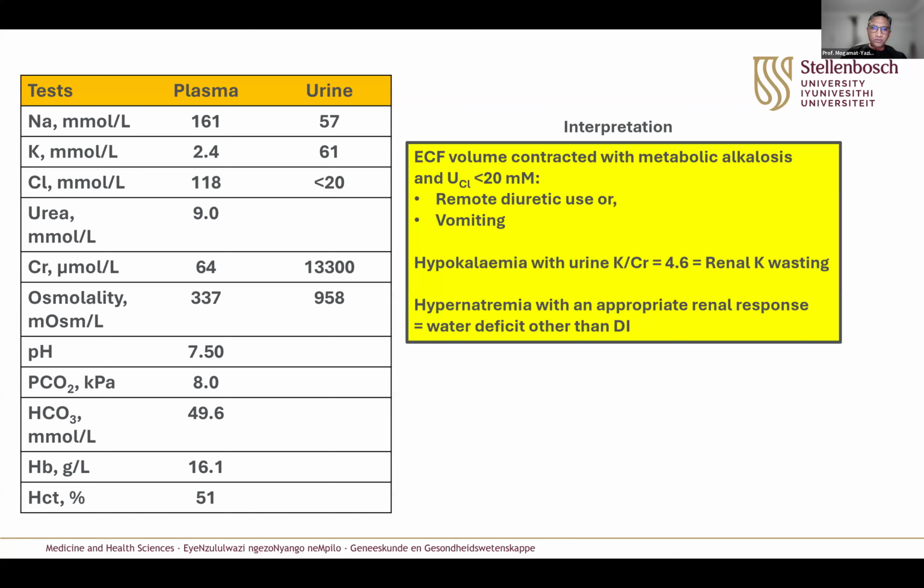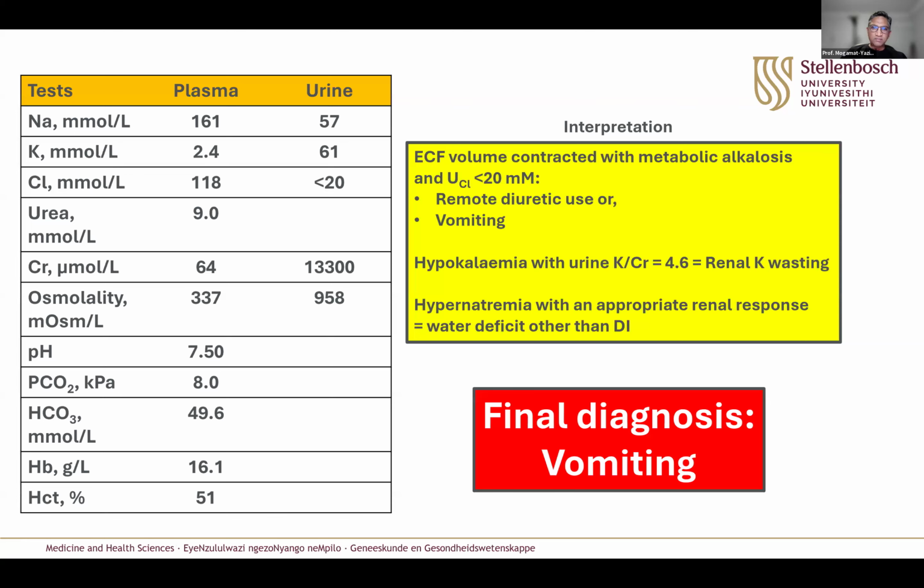So all in all, we decided that the most likely cause of this patient's severe metabolic alkalosis wasn't the baking soda that she consumed, but she likely had vomiting prior to presentation.